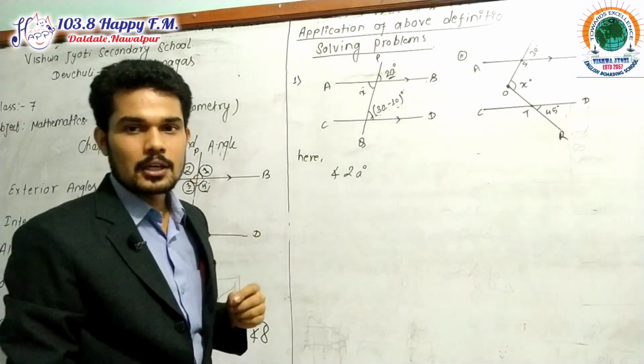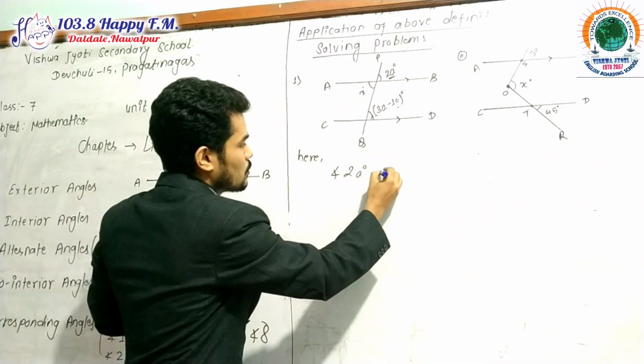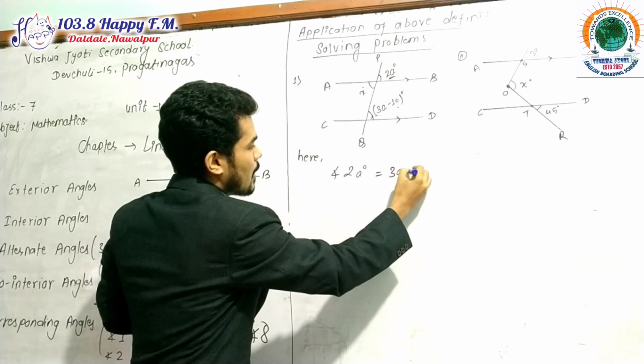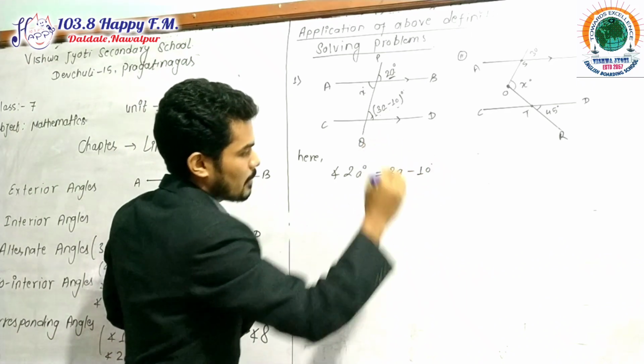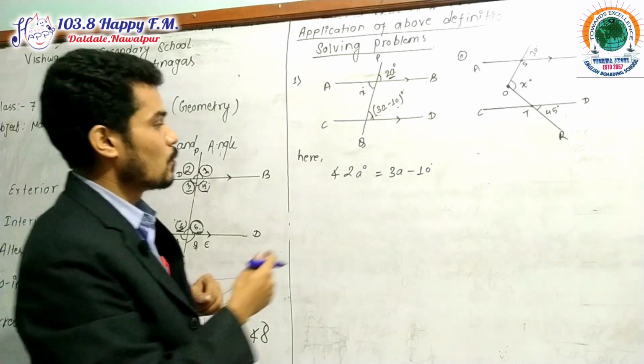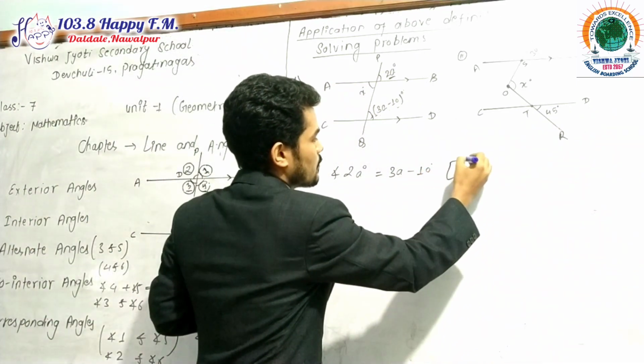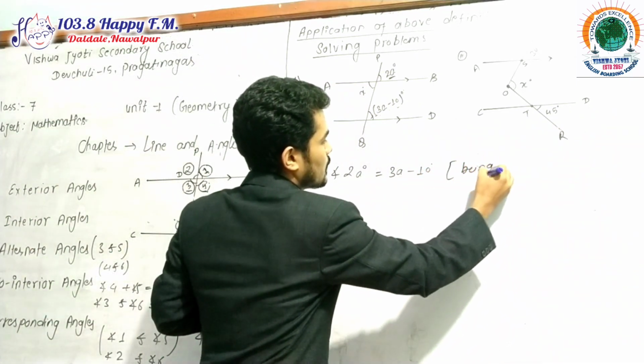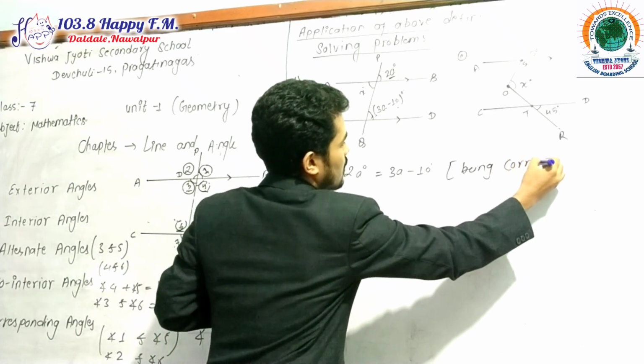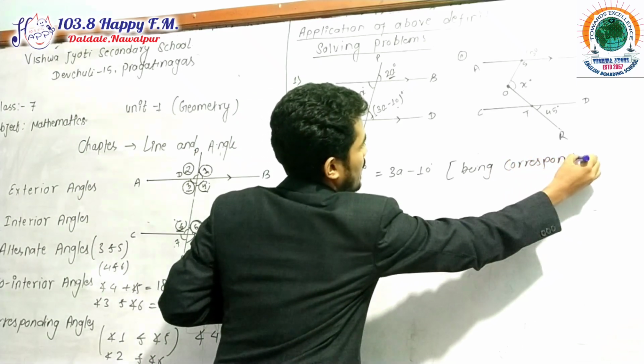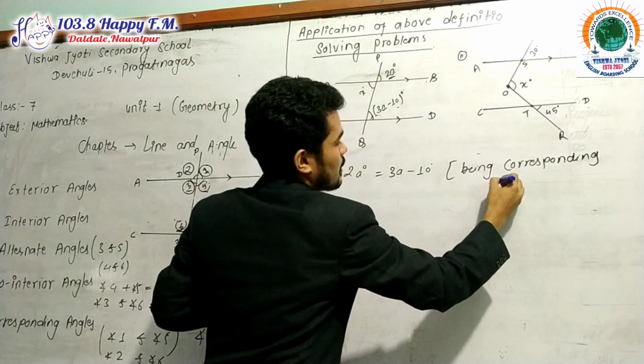So 2a is equal to 3a minus 10 degree. What is the reason? The reason is that they are corresponding angles, and corresponding angles are always equal.